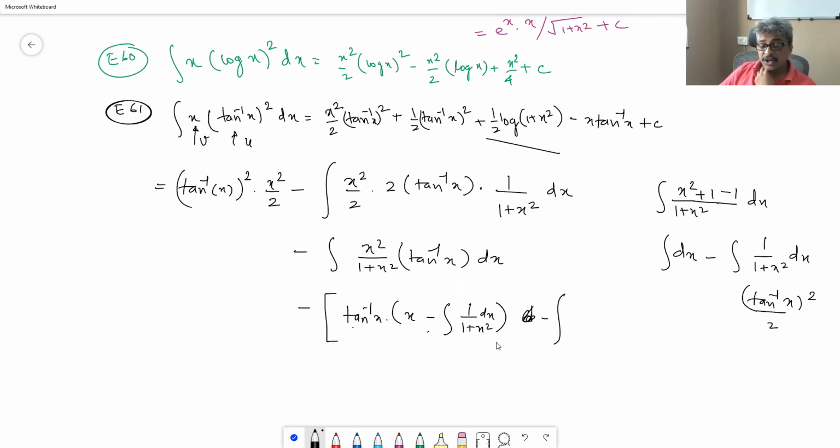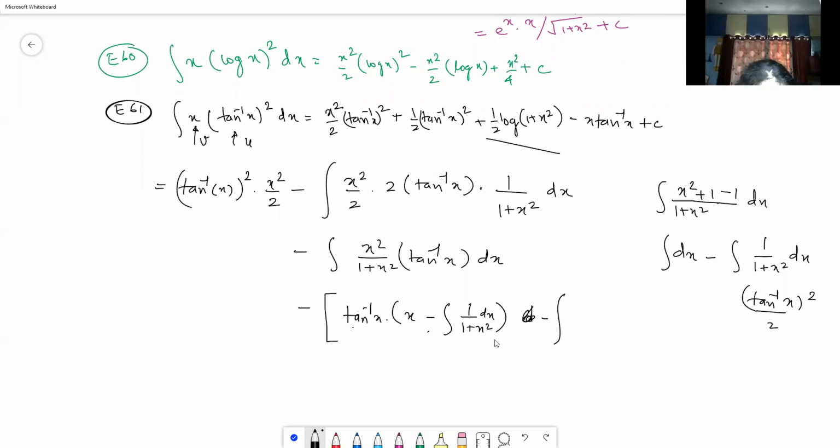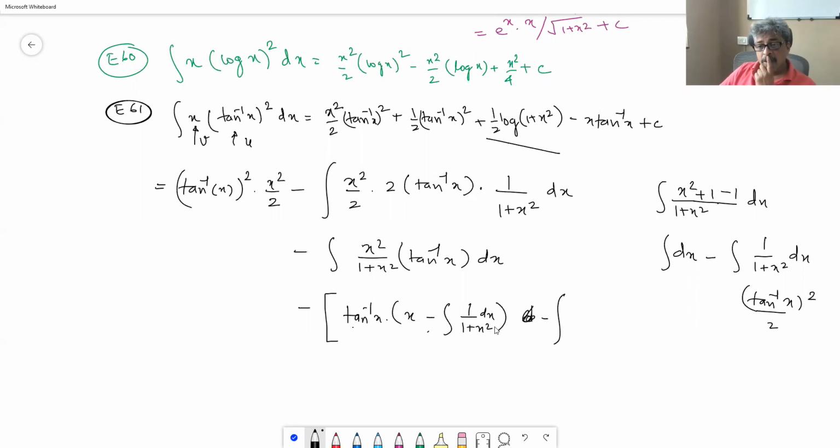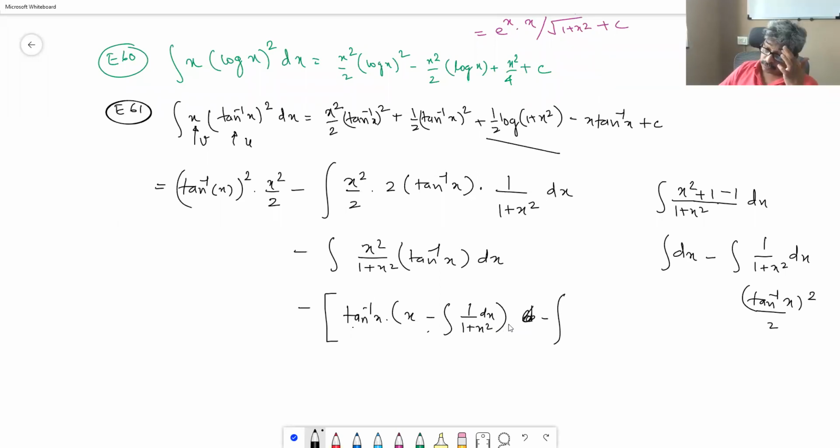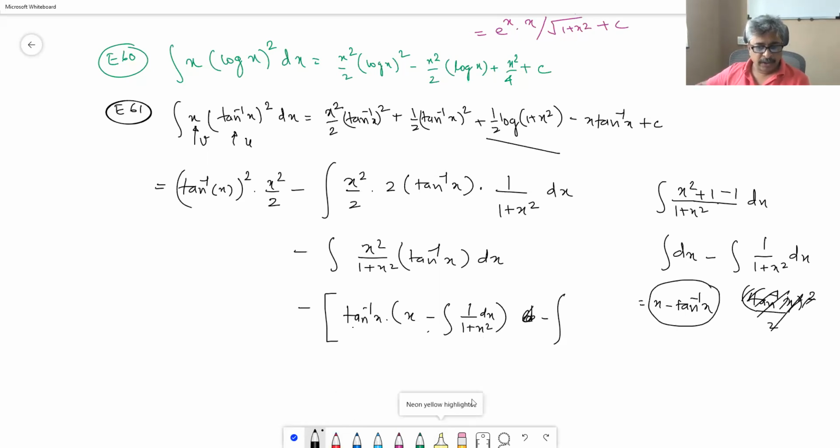The integral of 1 upon 1 plus x square dx should be tan inverse x. Yes. Something is wrong in my notes. Okay, so the integral of x square upon 1 plus x square is x minus tan inverse x.